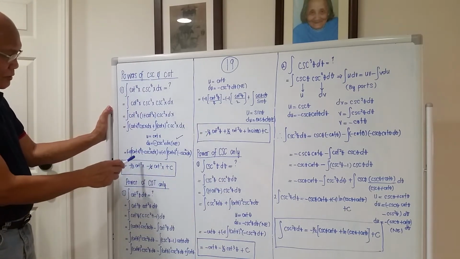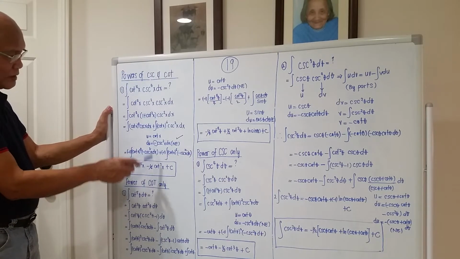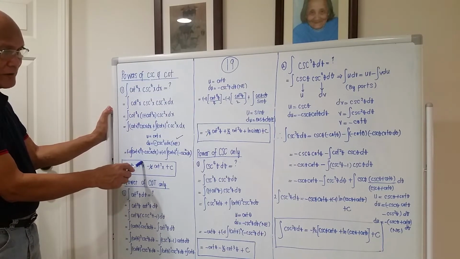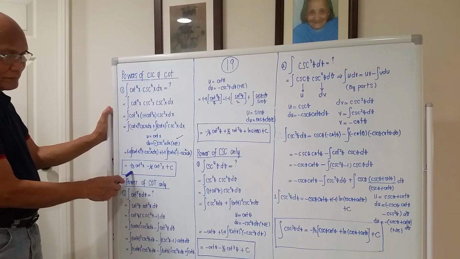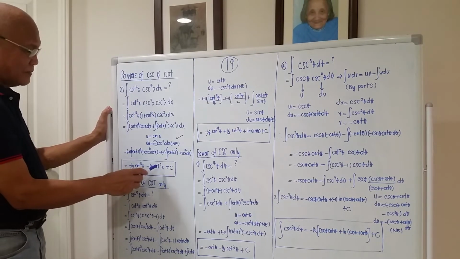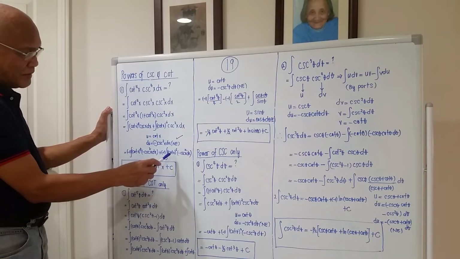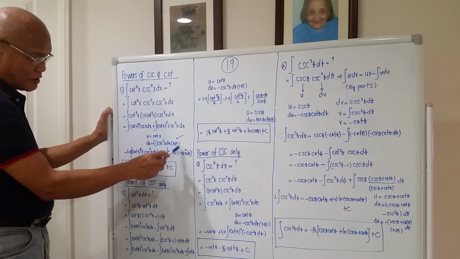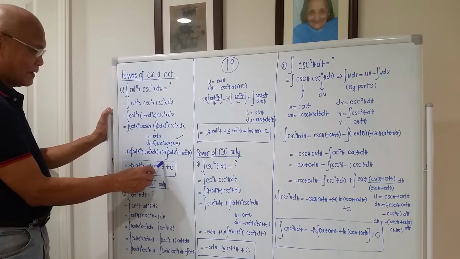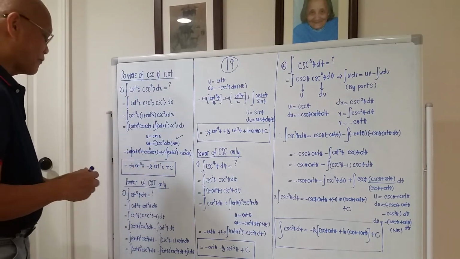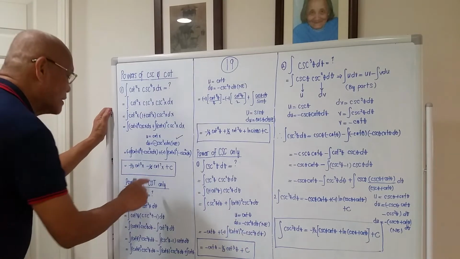So cotangent raised to 4 plus 1, which is 5, all over 5, minus, plus and a minus, it will be a minus, cotangent raised to 6 plus 1, which is 7.